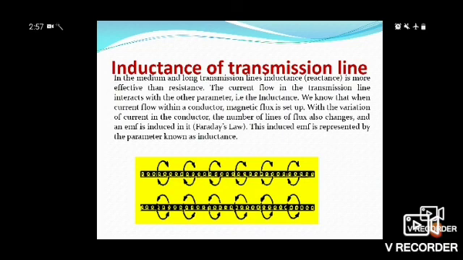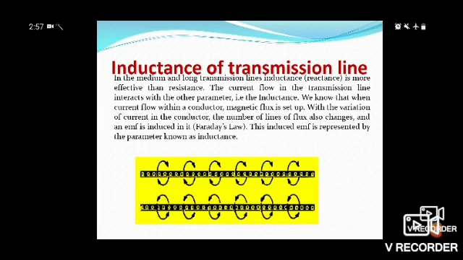In medium and longer transmission lines, the inductance is more effective than resistance. The current flow in the transmission line interacts with the other parameter, that is called inductance.